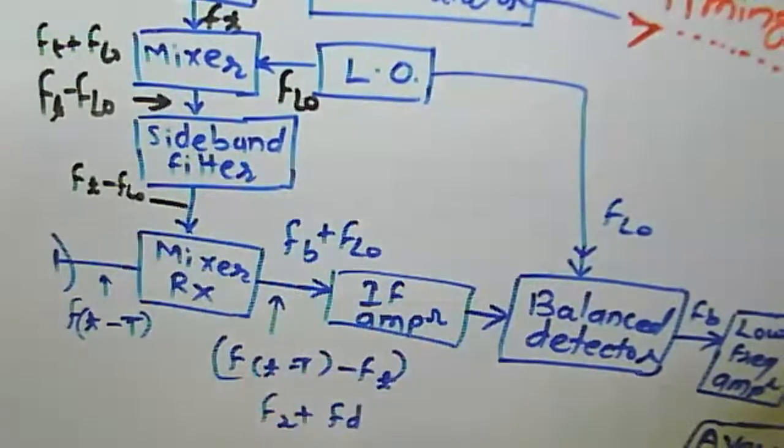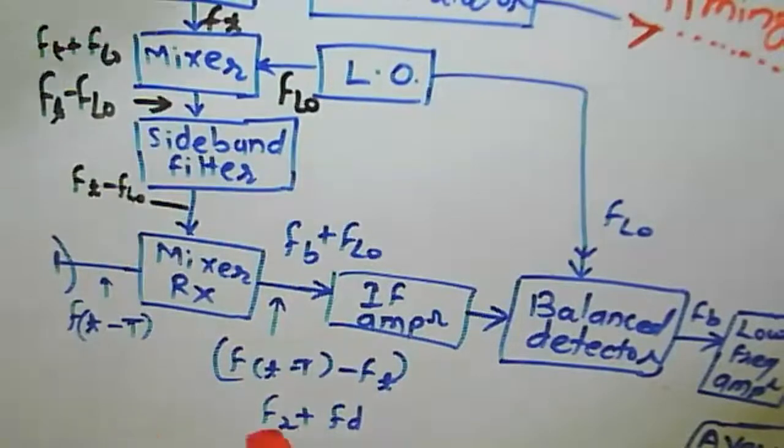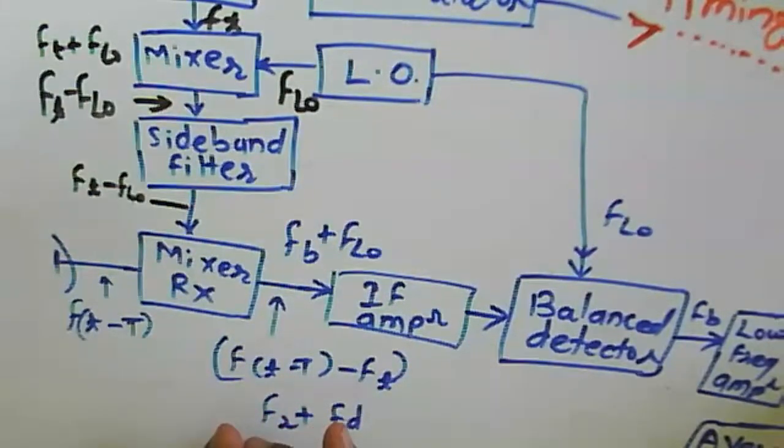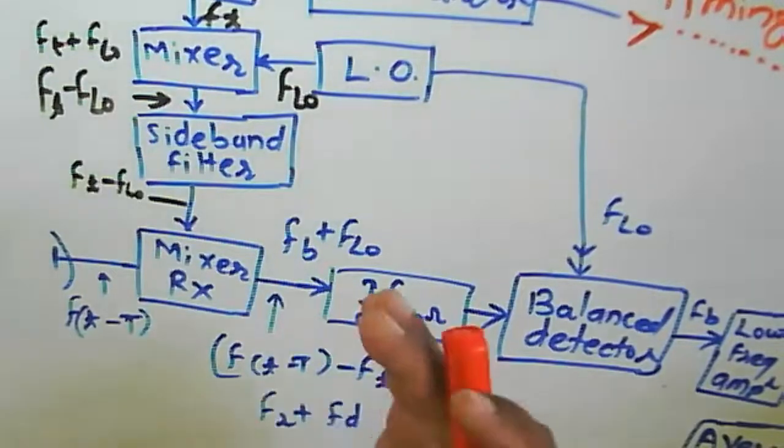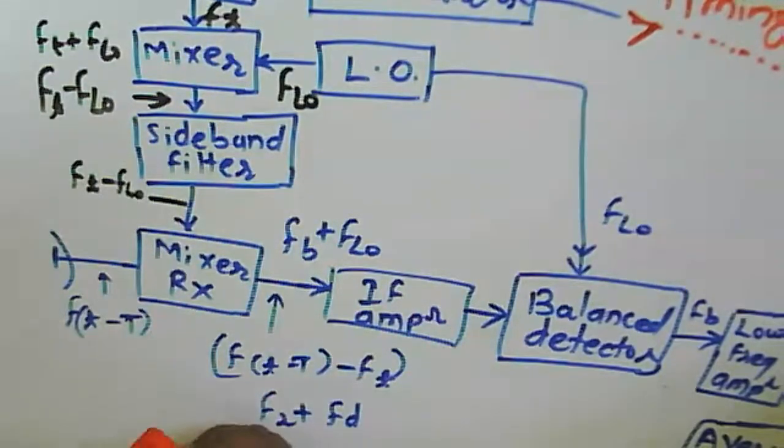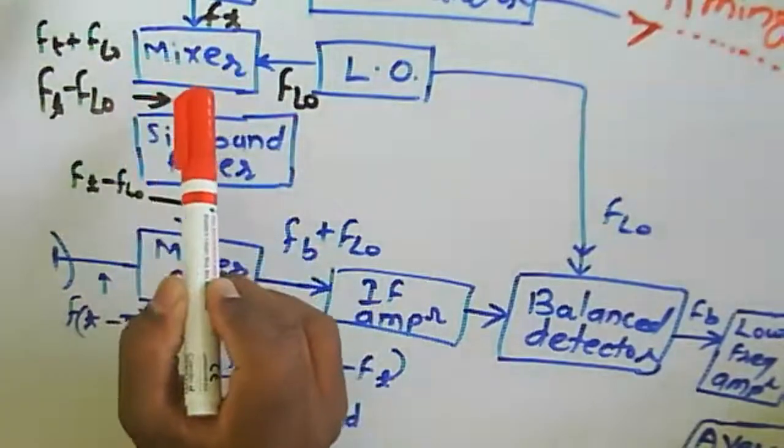In that case fR will change as well as fD will change. At that particular moment there may be a small variation in the range, and due to that there will be errors in measuring the range. So what will be the exact error while we are transmitting the signal?